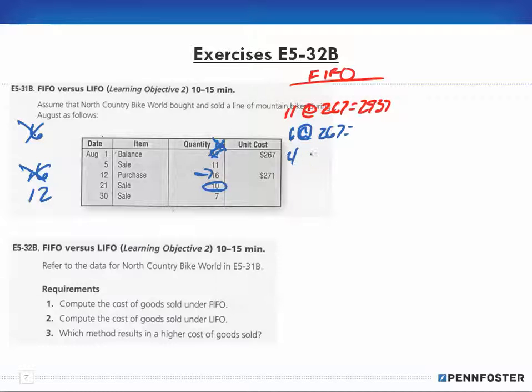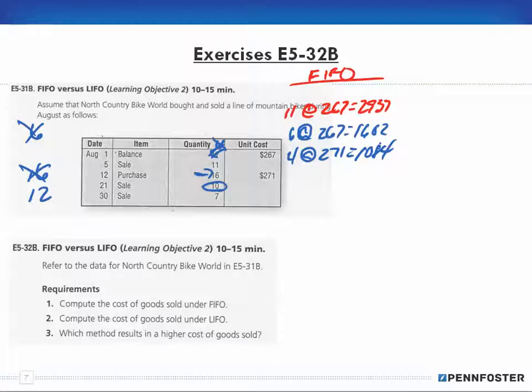So that's 4 at this 271. So 6 times 267 is 1602, and 4 times 271 is 1,084.